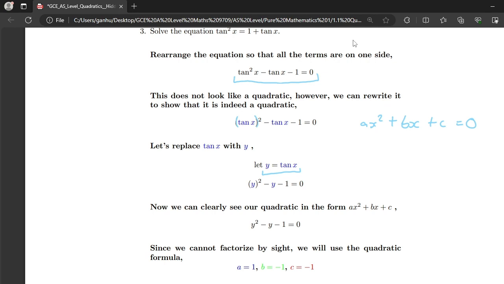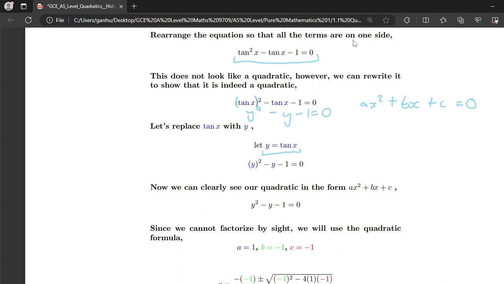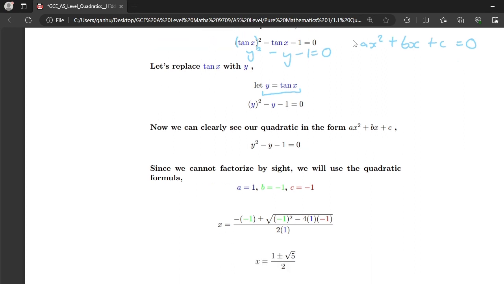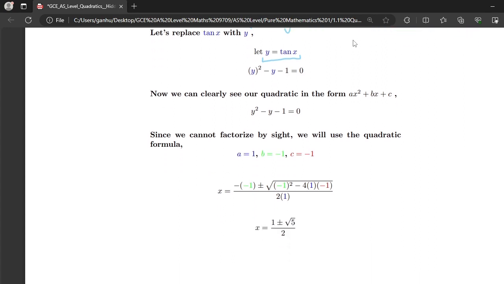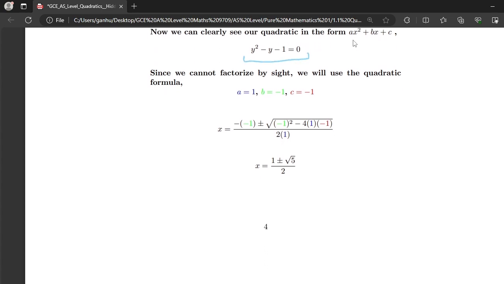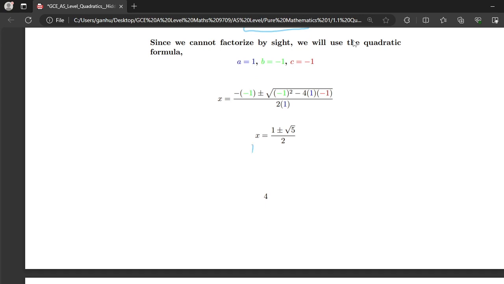Wherever there's a tan x, replace it with y, so it becomes y squared minus y minus 1 equals 0, which is a quadratic equation. We solve our quadratic equation. In this case, this quadratic cannot be factorized by inspection, so we use the quadratic formula, and we get our answer here as y is equal to 1 plus or minus root 5 over 2.